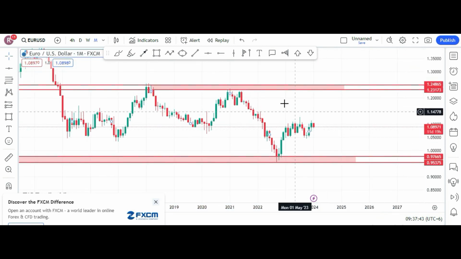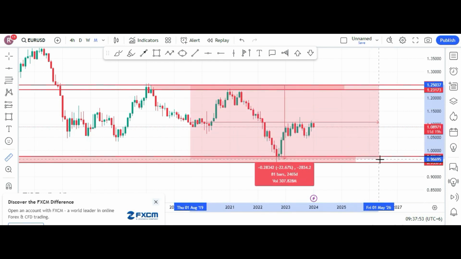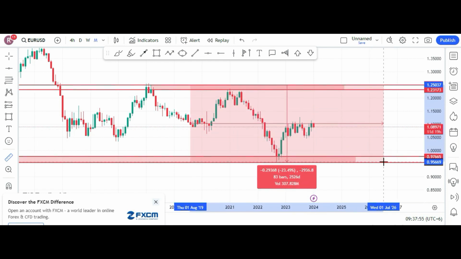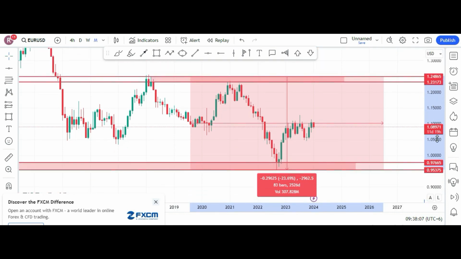Now if we measure the double top and double bottom, you guys can see the price at the current time is just moving on 50% of the total range. So this is the 50% line of the total range from the double top and latest double bottom, and then we moved up.